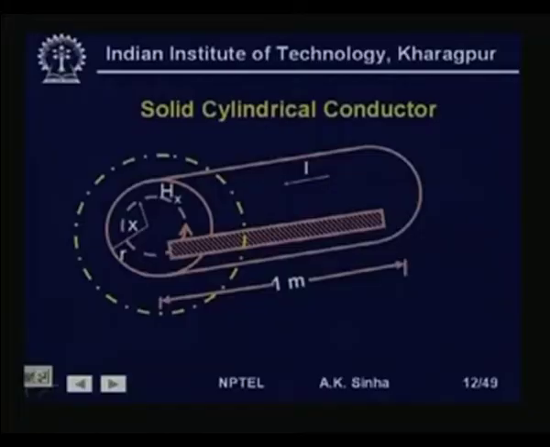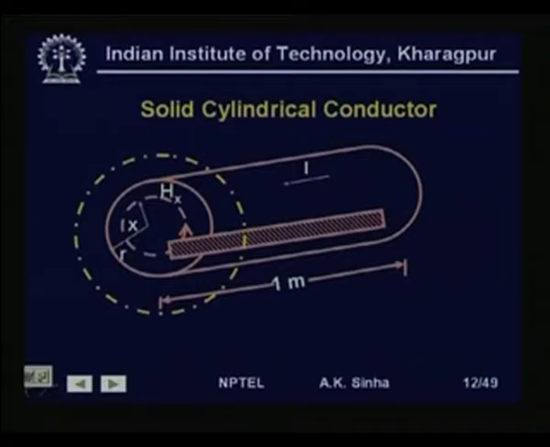Now, if we take up a solid conductor, what we find is that when a current is flowing through this conductor, it is going to set up a magnetic field inside the conductor also.